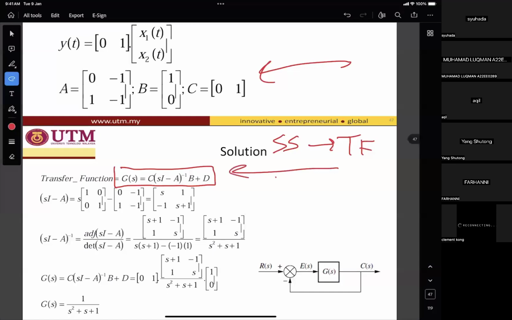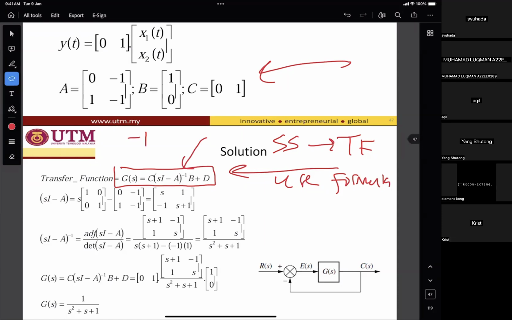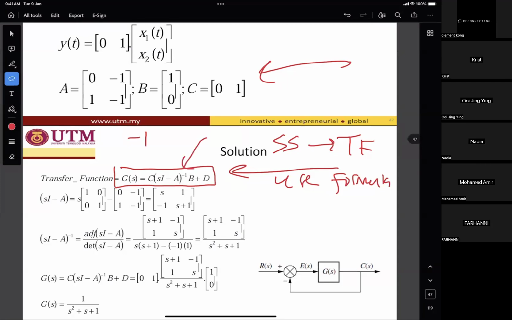The formula is C (sI minus A) to the power of minus 1, multiplied by B, plus D. So what is the minus 1 in this formula stand for? Chris, what is minus 1 in this formula?